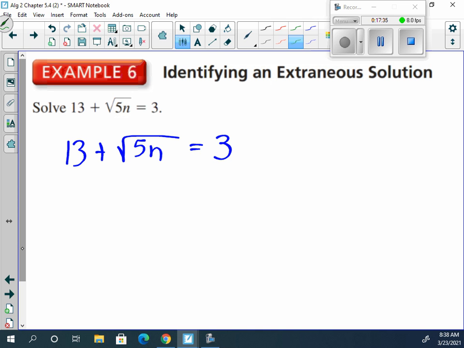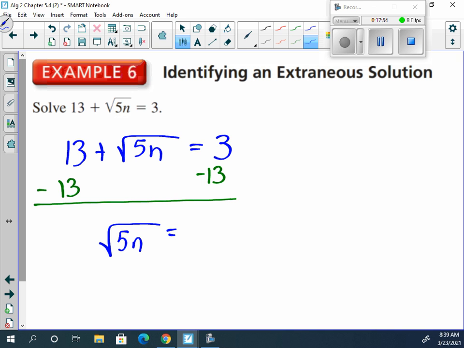So the first thing we need to do is what? Get the radical by itself, yes? Okay, so what do we do? Subtract 13 from both sides. Which gives us the square root of 5n is equal to what?